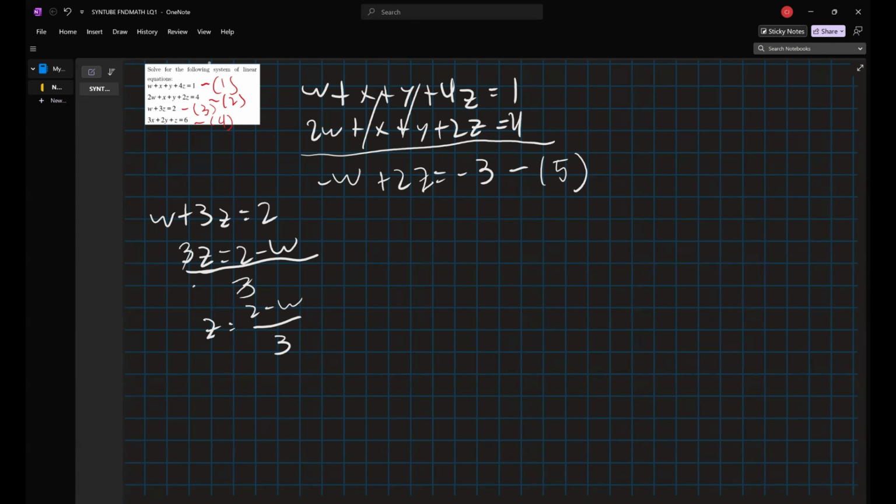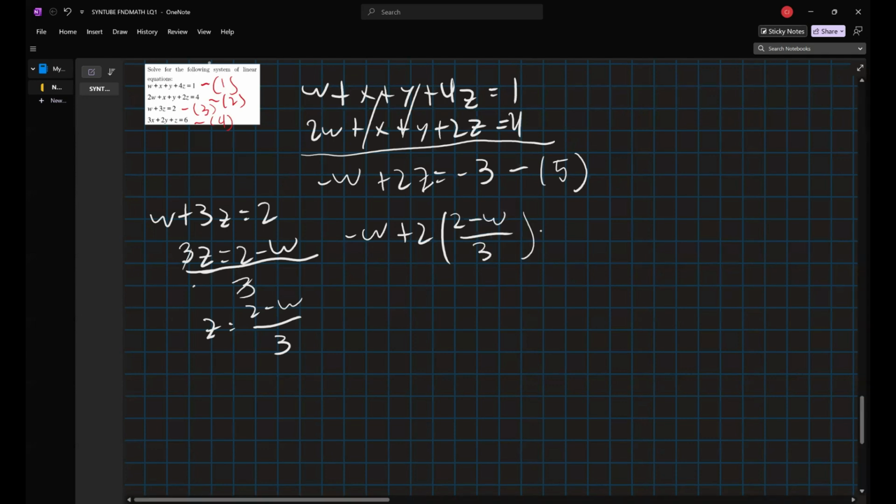To do that, we have negative w plus 2 multiplied by (2 minus w) over 3 equal to negative 3, right? So what we'll have here would be negative w plus 4 minus 2w, all over 3, equal negative 3.